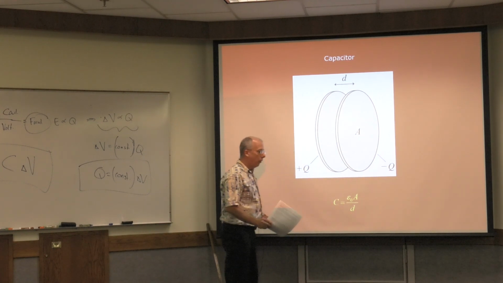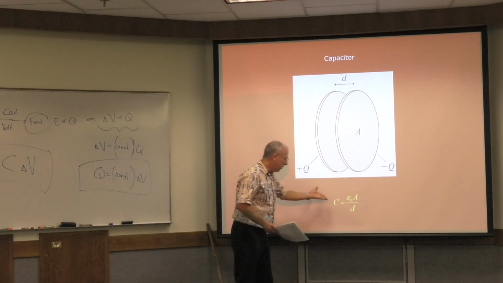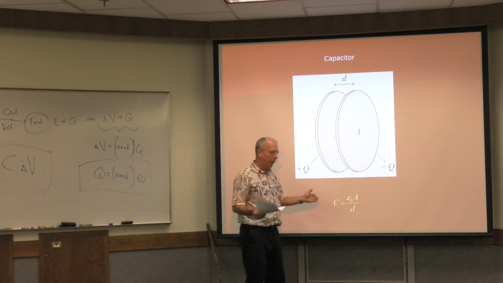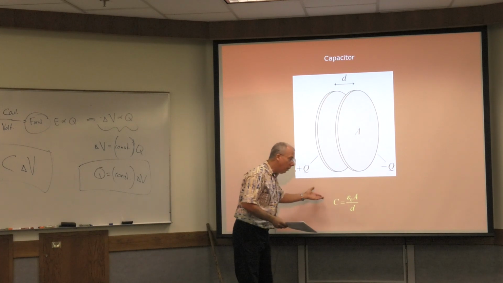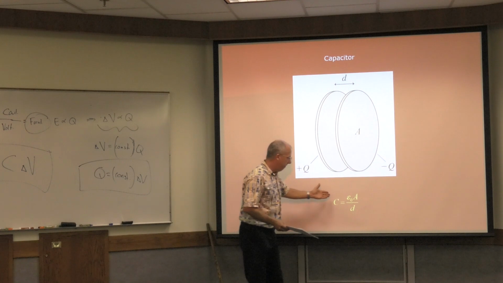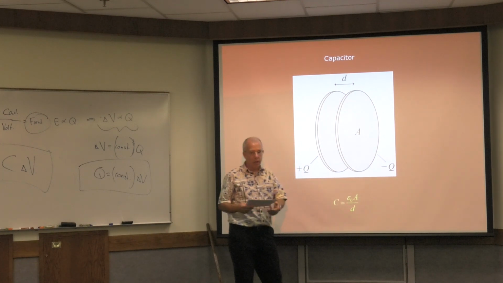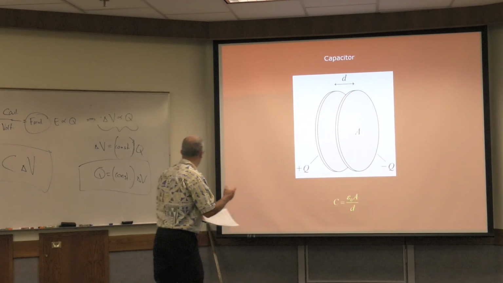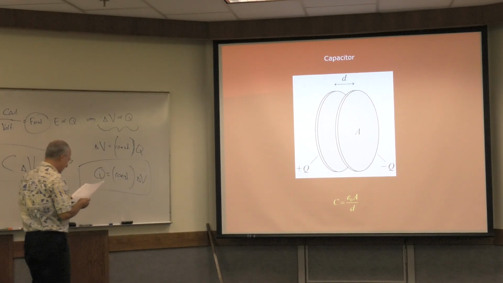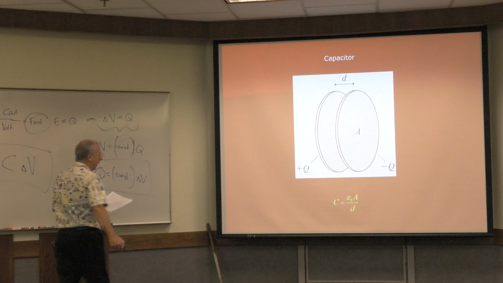For a given capacitor, it's a constant, it doesn't change. It doesn't depend on the Q or the delta V, it just depends on the physical characteristics of the capacitor. That's why I made such a big deal about that. It's a constant.